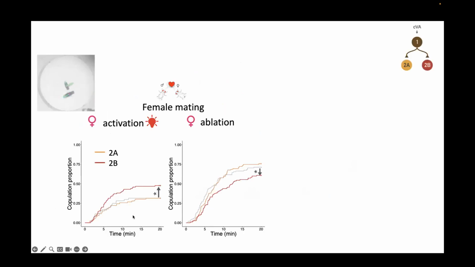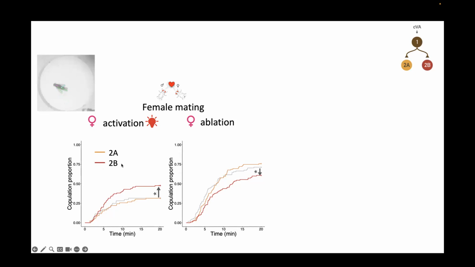Here, activating 2A or 2B neurons, I'm looking at copulation proportion as a measure of female receptivity, meaning how many pairs of flies mated over time. As you see, activating 2A neurons with optogenetics didn't increase female receptivity, but activating 2B neurons did increase the proportion of copulating pairs, meaning females were more willing to mate.